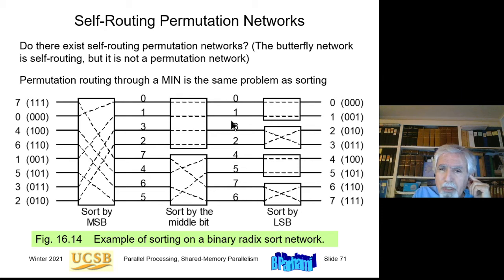So this is a sorting network built of classifier networks, and it can route any permutation. So you give me this permutation, I just input it into this network, and by sorting these values, I can provide the appropriate connection, connect this one to memory bank 0, this one to memory bank 1, and so on.